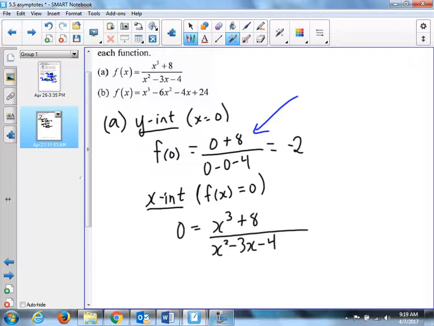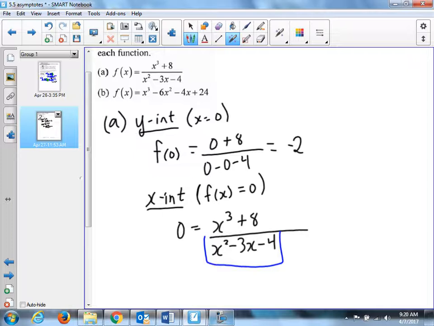Now, can you factor the denominator in your head, by the way? Like, where do we have vertical asymptotes in this? X minus 4.